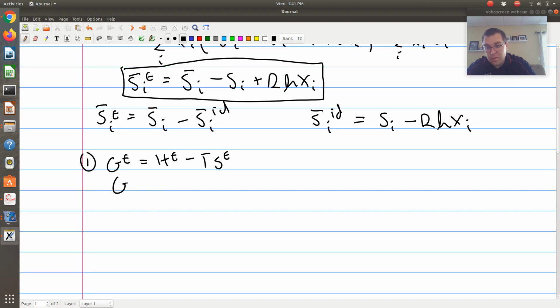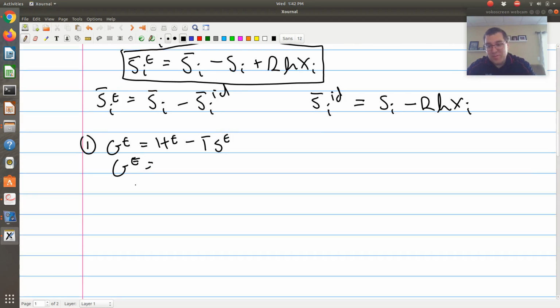So therefore G^E must be equal to, what was H^E equal to? Do you remember? Actually, it's tough for me to remember too. But remember, H^E is going to be equal to the actual relative to that of an ideal solution.